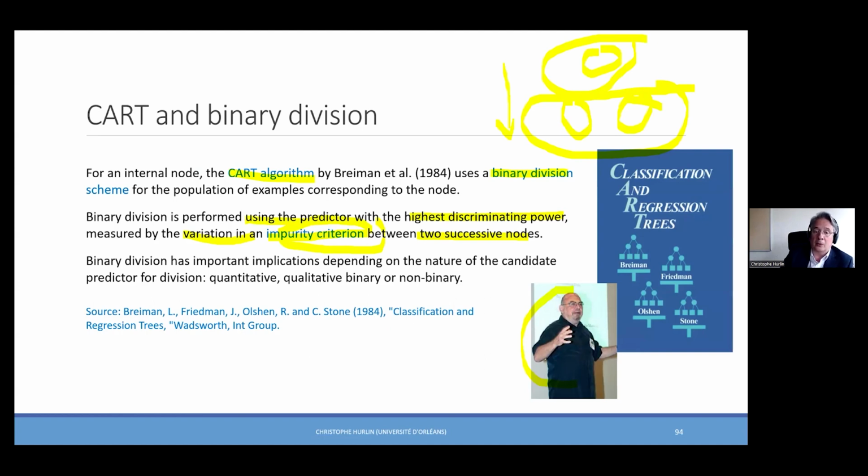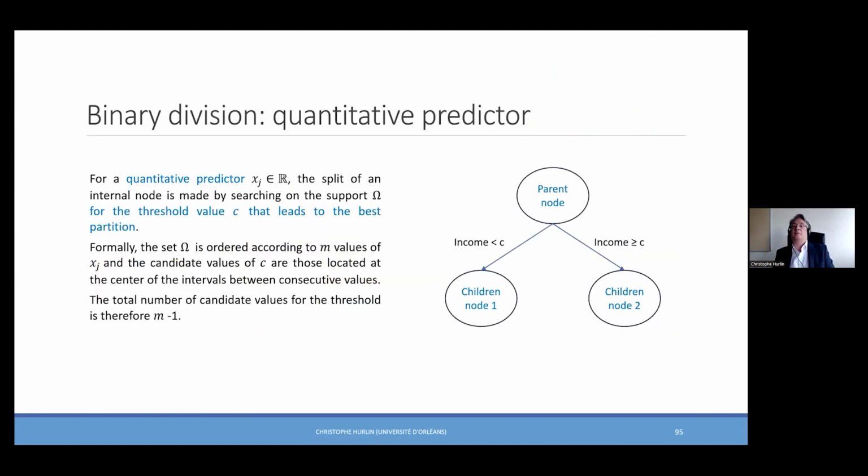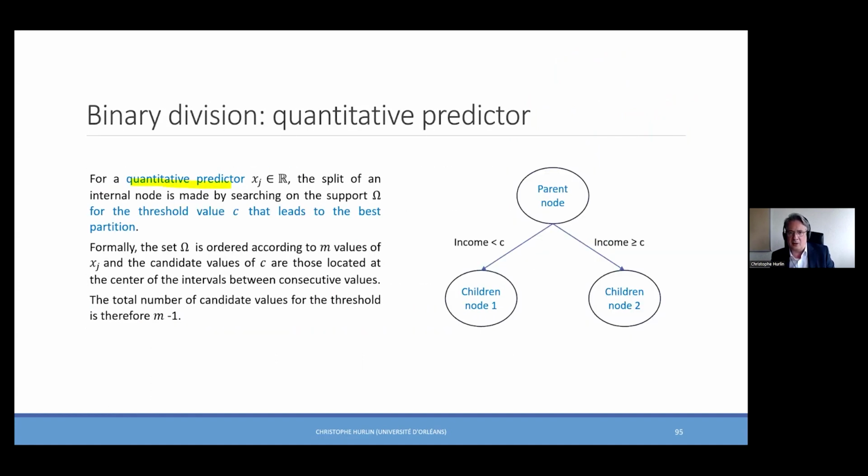First, let me introduce what a binary division is. It's very simple. I have to split my individuals into subgroups, but it depends on whether I use quantitative or qualitative, binary or non-binary variables to split them. Let me describe all these possibilities. First, let me consider that I have a quantitative variable.